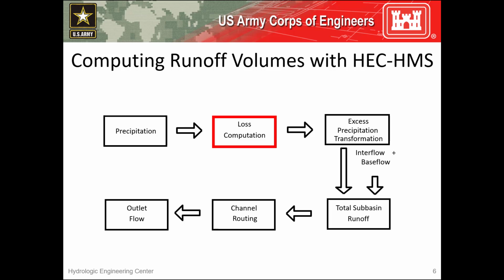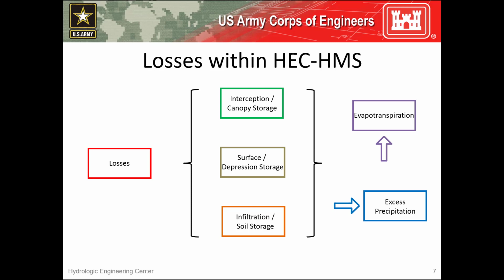So let's look closer at these loss computations within HMS. The principal loss components are interception and canopy storage, surface and depression storage, and infiltration and soil storage. Precipitation that is captured and stored in either the canopy, surface, or soil layers can be evaporated or transpired back into the atmosphere. Precipitation that exceeds the storage capacity of these layers becomes excess precipitation.